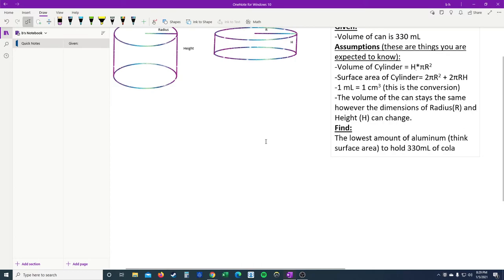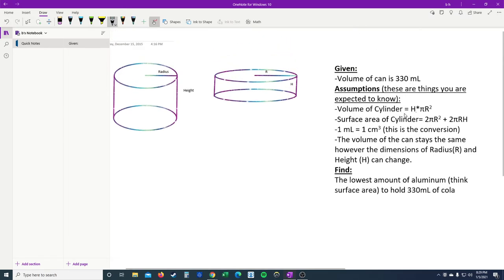The first thing I'd like to look at is the surface area. We know this is the formula for the surface area of the cylinder. That's given. Then when we look at the volume of the cylinder, it's height times pi r squared.